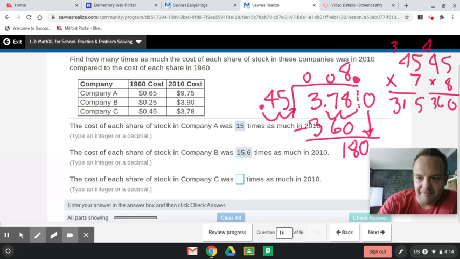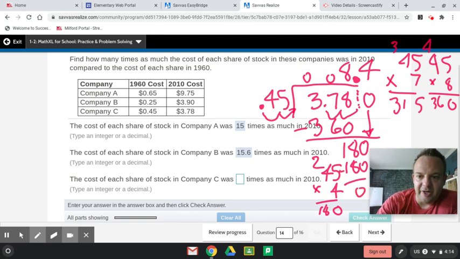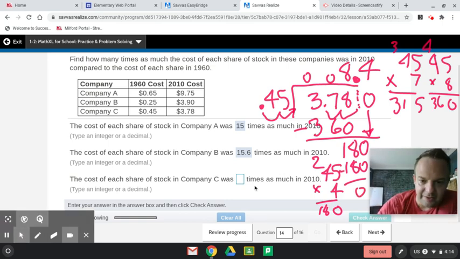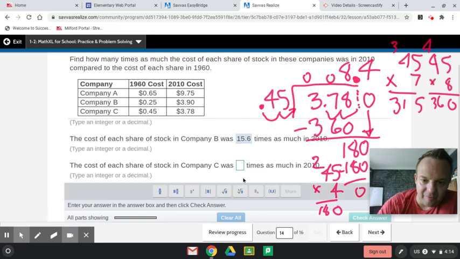How many times? I know half of 360 is 180. Half of 8 is 4. So let's just double check that. 45 times 8, 4. 16, 18. Yeah, that was good. That worked. Terminate. 8.4. Ooh, buddy. 8.4 here.